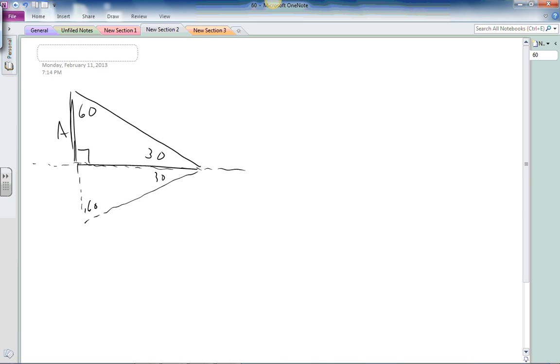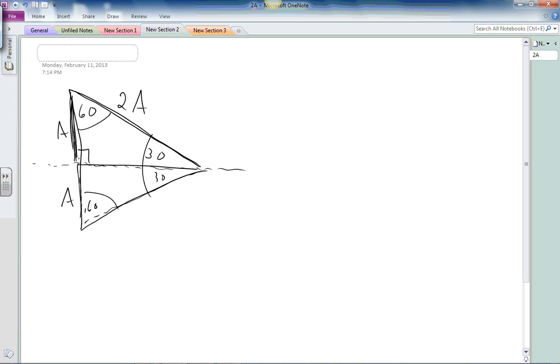Now if I look at this full triangle that I made, this is 60, this is 60, and that's 60, which means if this is A and this is just a reflection, that has to be A, which means the length of one full side is 2A, and since it's a 60, 60, 60 triangle, it's equilateral, so this also has to be 2A. So right away we have that knowing the short side in this triangle, the hypotenuse is double whatever the short side is.